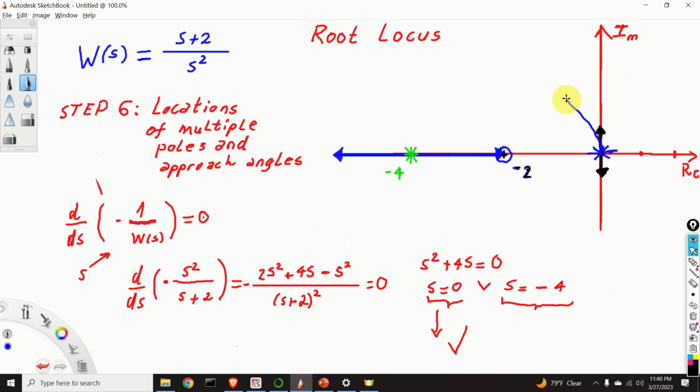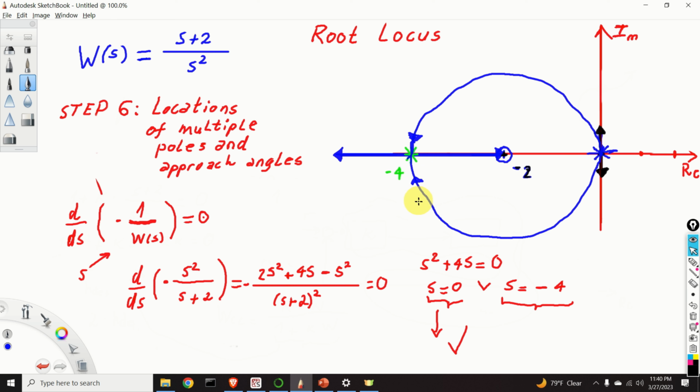Consequently, I need to go somehow like this, then I go down, and then I approach this point with an angle of 90 degrees. And beautiful. Here's our first branch. How about the second branch? Since the root locus is symmetric with respect to the real axis, I need to have one branch doing this. Here's the second branch. Perfect.